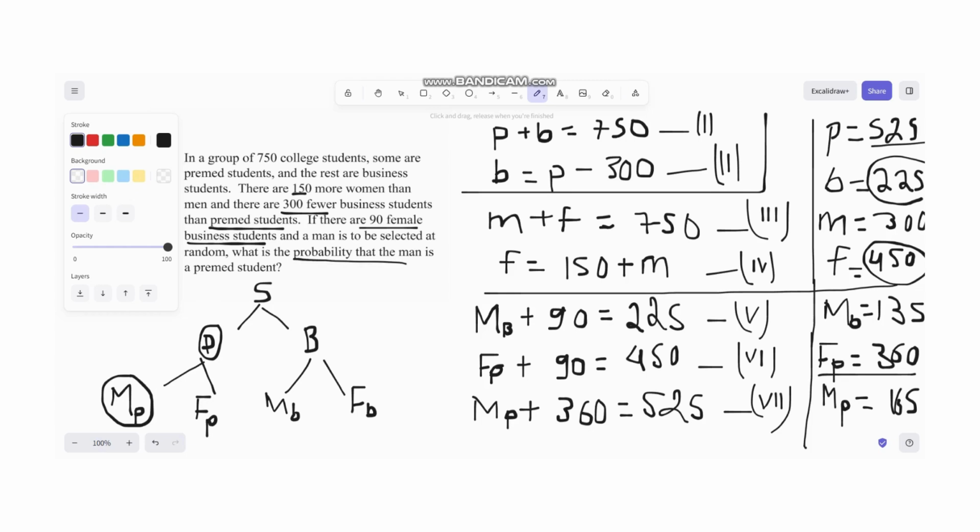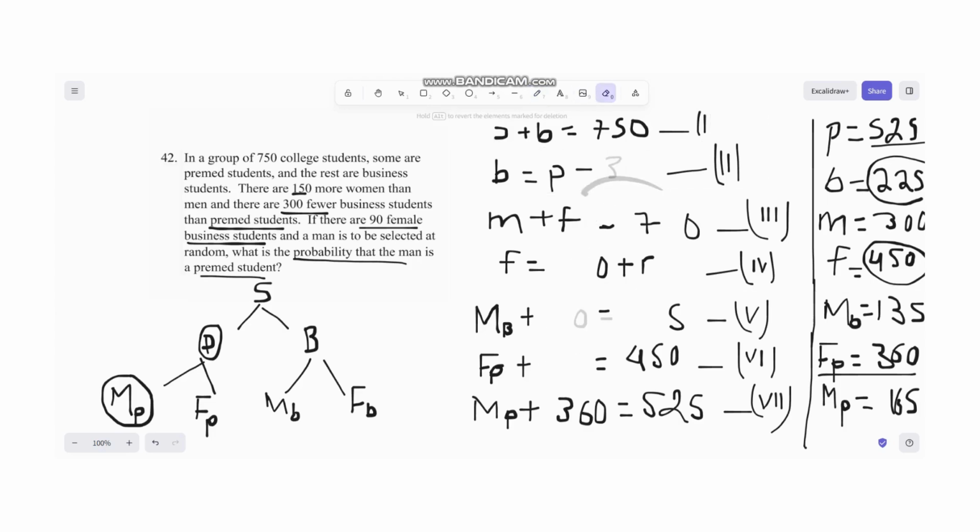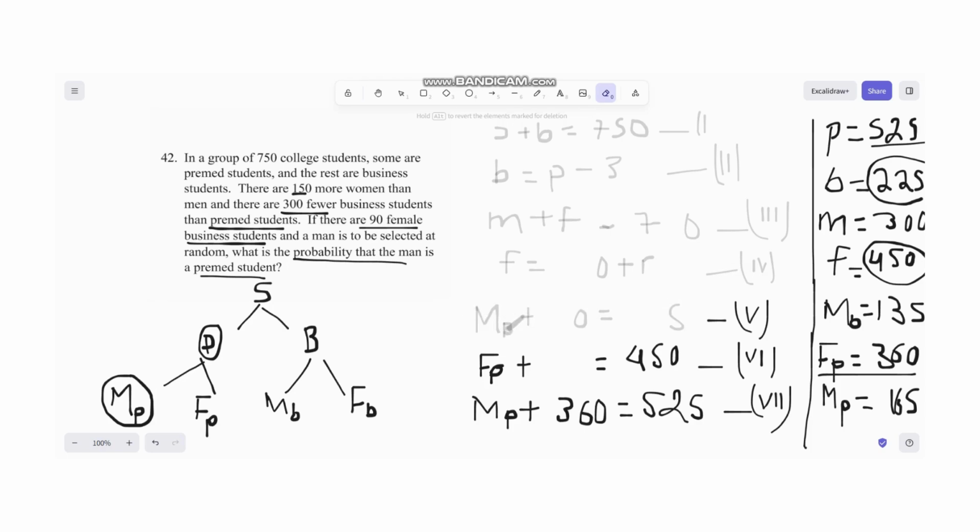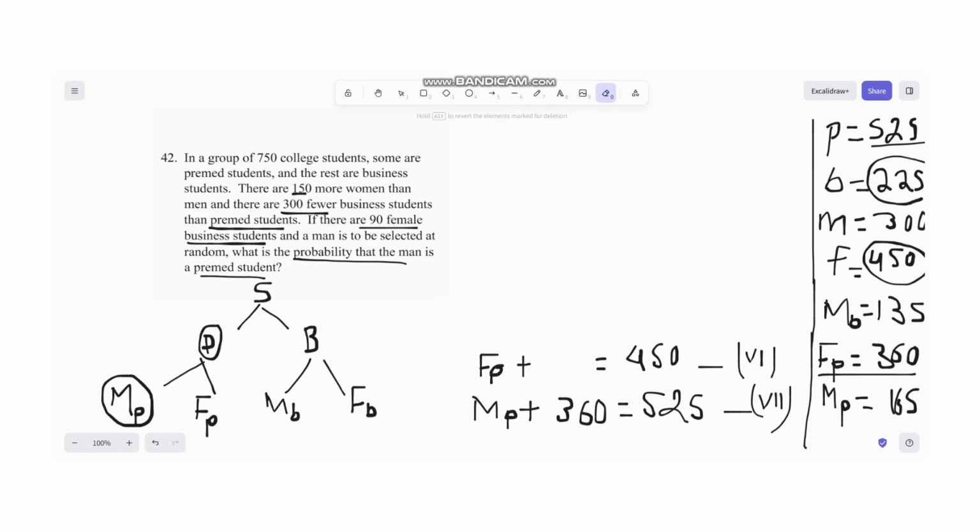Let's solve the probability part. For that reason, I'm erasing these contents over here. Okay, I think that's enough to do our operation. What is the probability? A man is to be selected at random. That means this number of selection, which is our denominator part, that will be man.